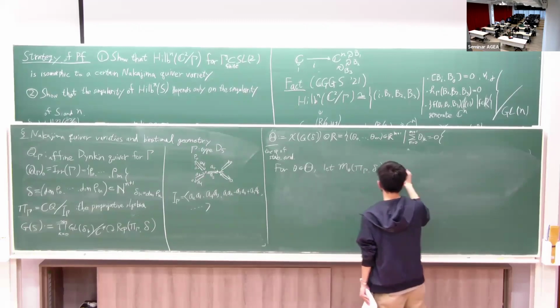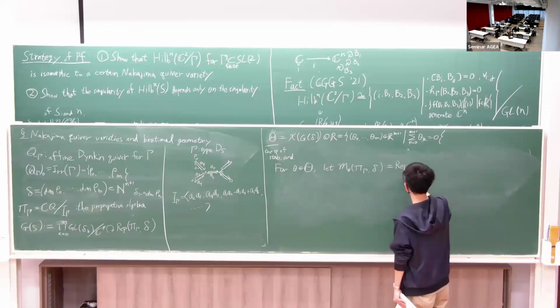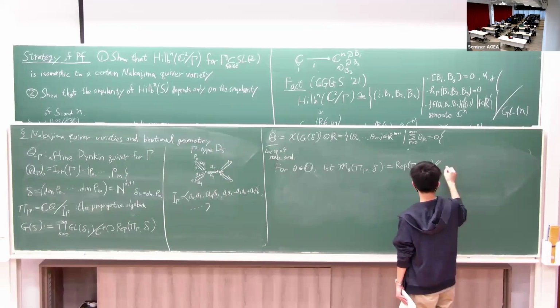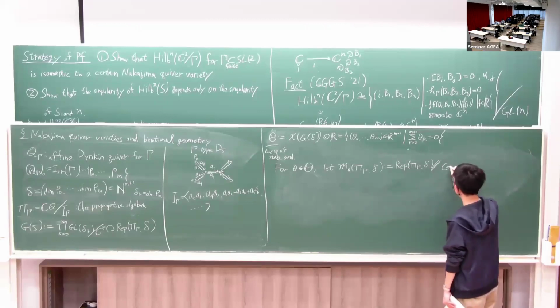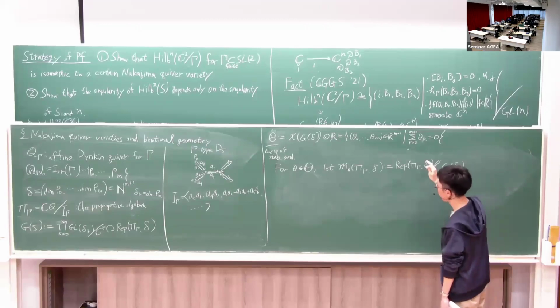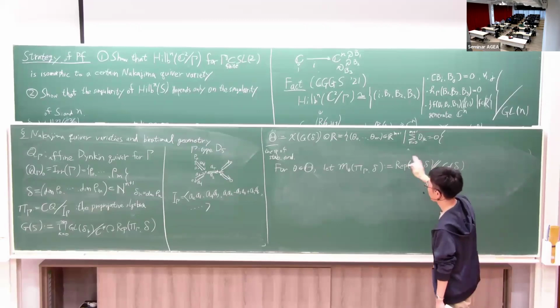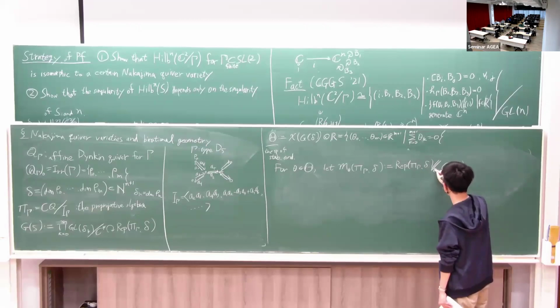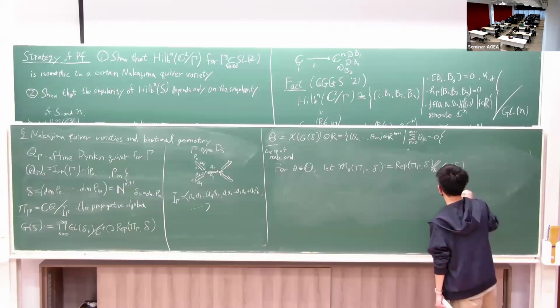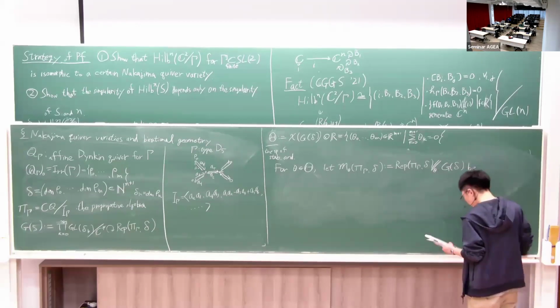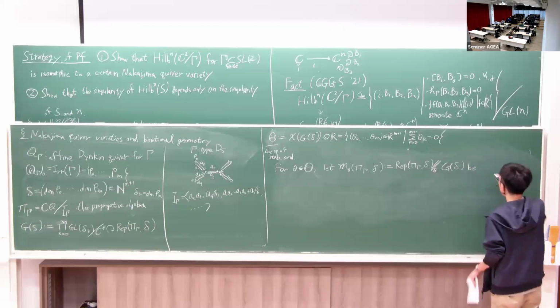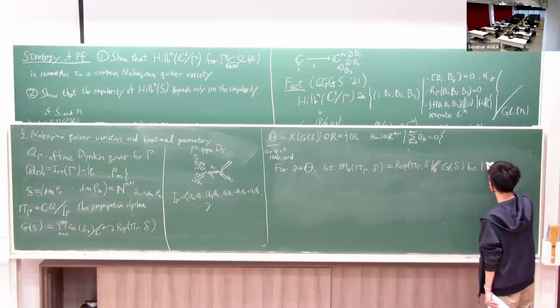By definition, this is the geometric invariant theory quotient by the action of G delta with respect to the character, or the stability condition, theta. This is the moduli space introduced by King.